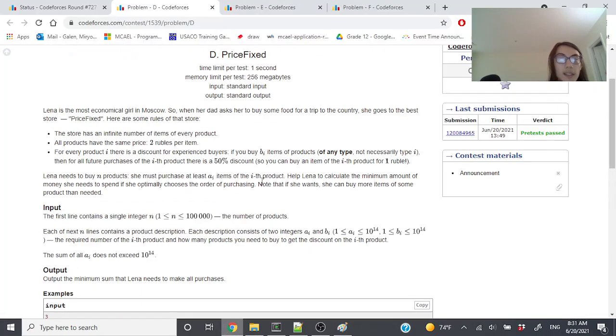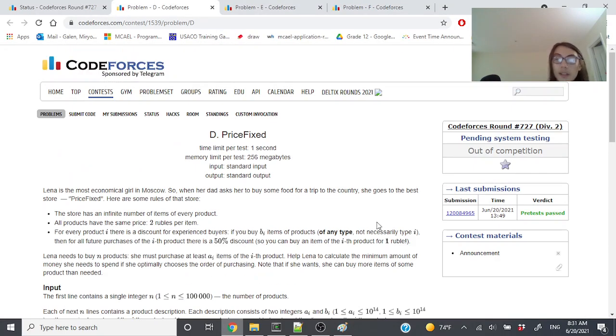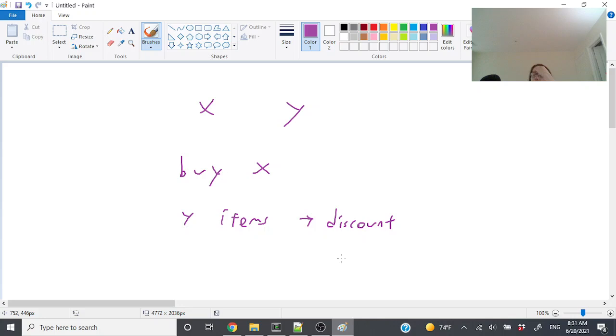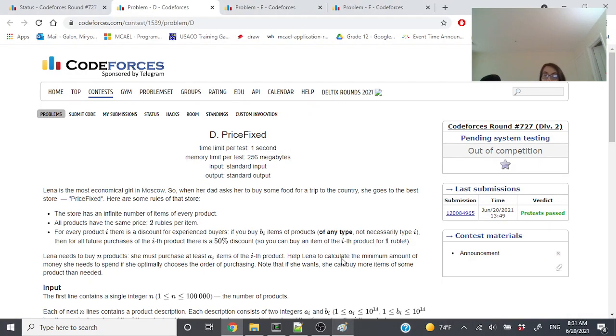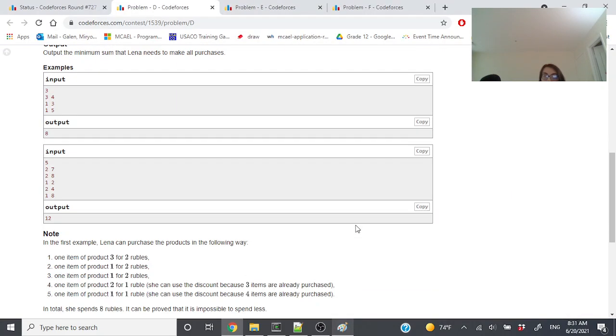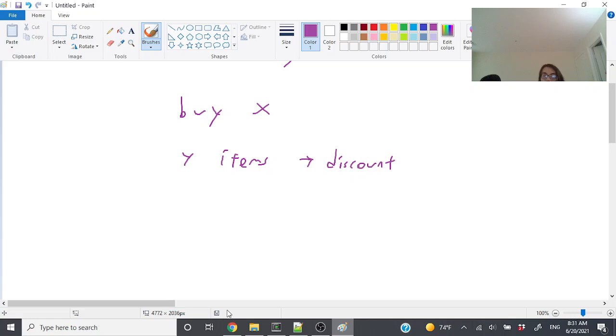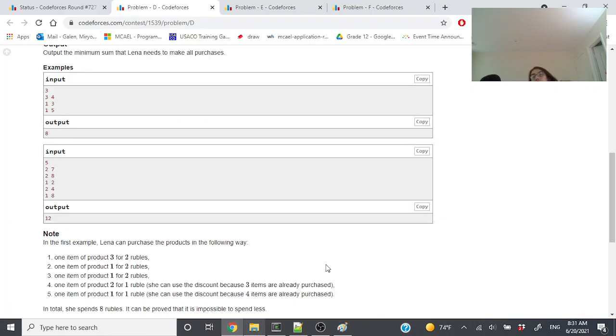Specifically, normally you pay 2, but now you pay 1. So essentially, what's the minimum cost it takes to buy all the items? And so the basic idea is you want to get as much discount as possible, of course. You want to maximize the number of items that you buy at a discount.